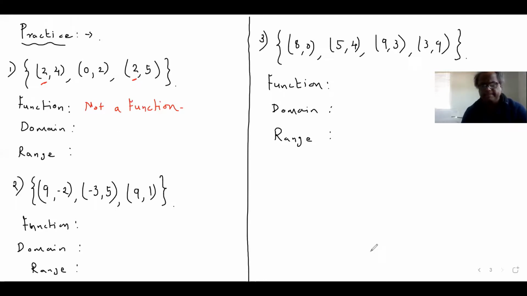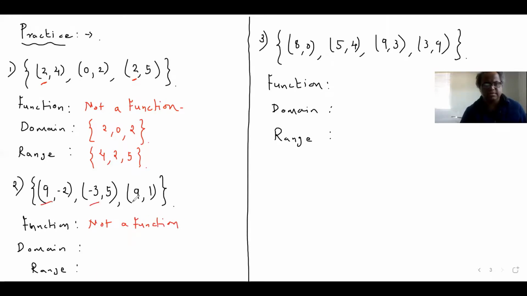Now your domain would be {2, 8, 0, 2, 4 ...} and then the range. As far as the function is concerned, this is, no, sorry, this is not a function.